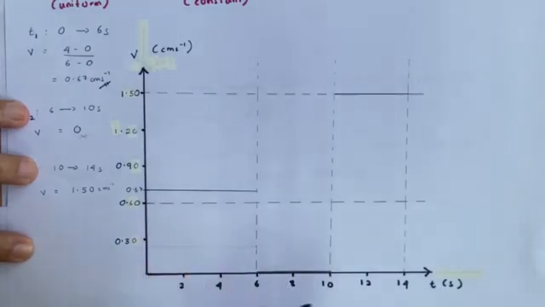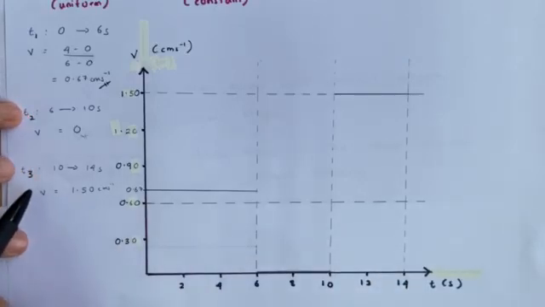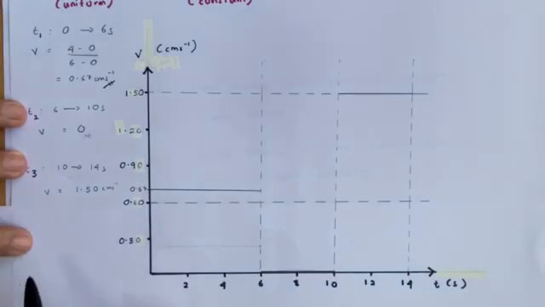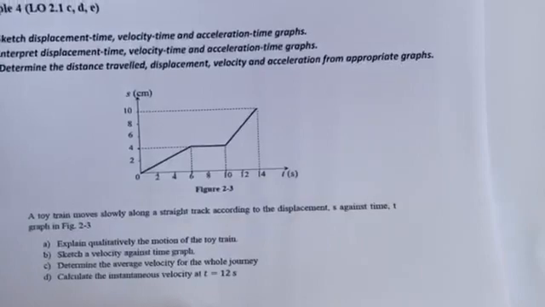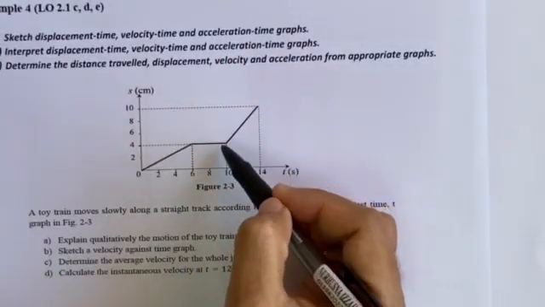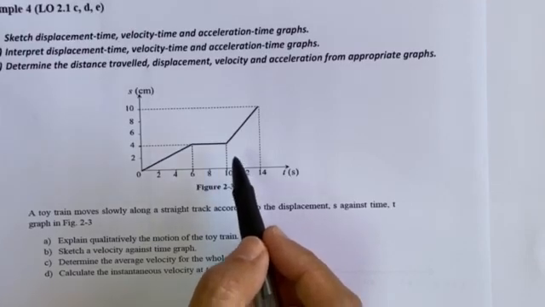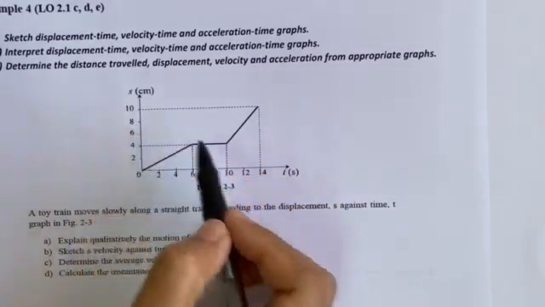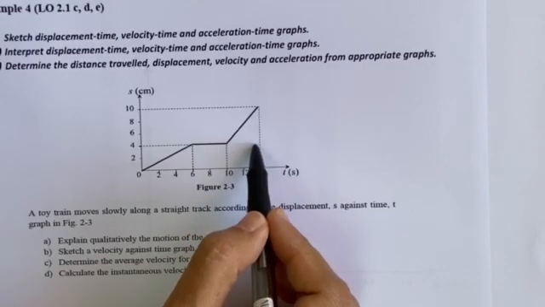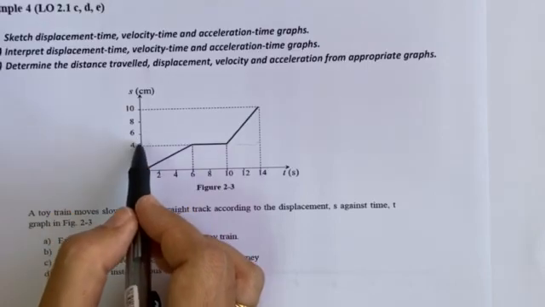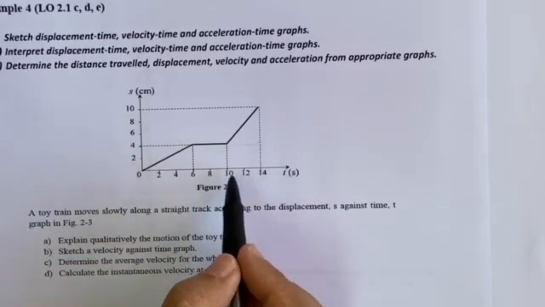Alright, then for the next one, 10 to 14 seconds, our train continues its journey, and we ought to find the velocity from the gradient of the first graph. So you should be calculating the gradient, meaning delta S divided by delta T. Making it 10 minus 4 divided by 14 minus 10.